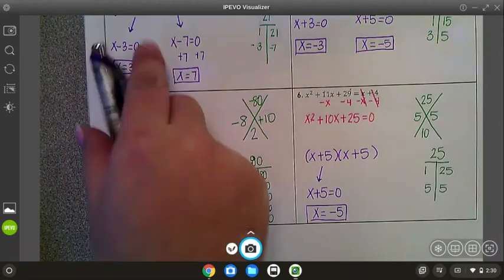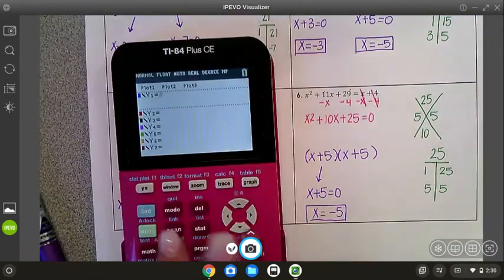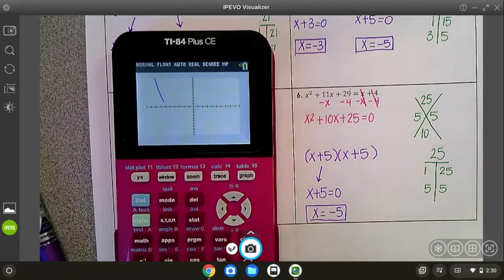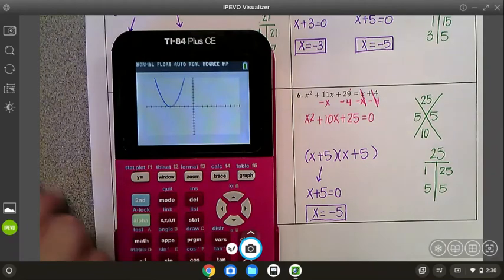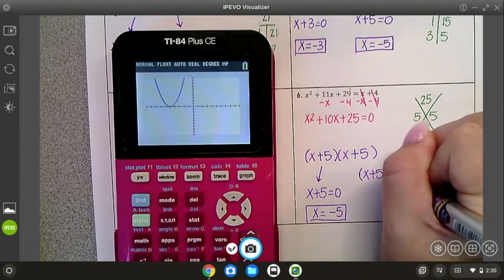You actually only have one x-intercept. See how that parabola sits on negative 5. Sometimes you will see this written as x plus 5 squared.